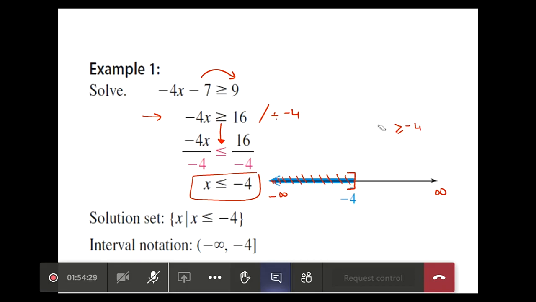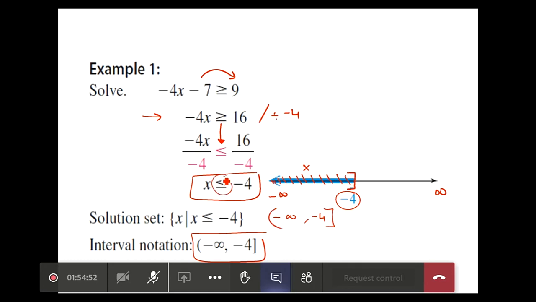But here we need x less than or equal. This is the value of x. Okay? X less than or equal negative 4. So we can write it like this: negative infinity, negative 4, this one open, this one closed, because we have equality.